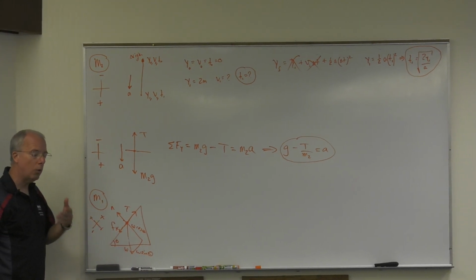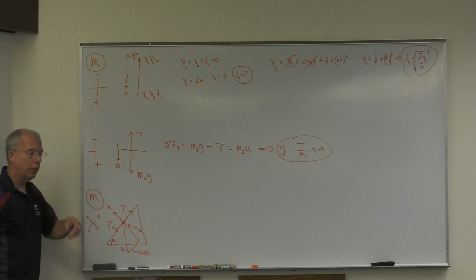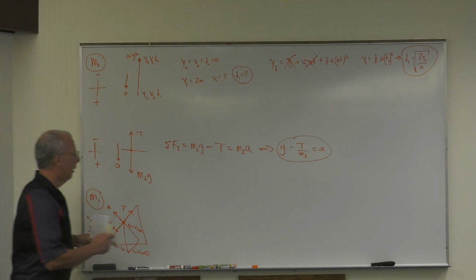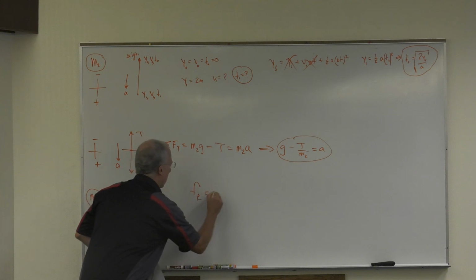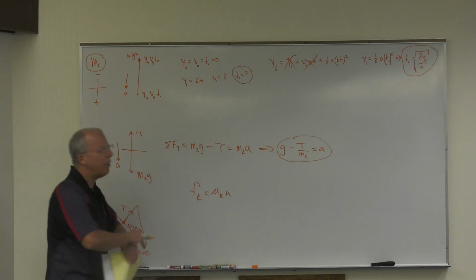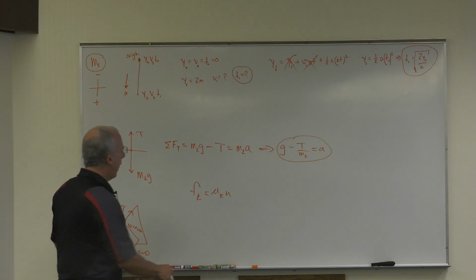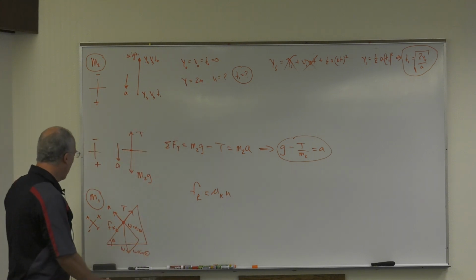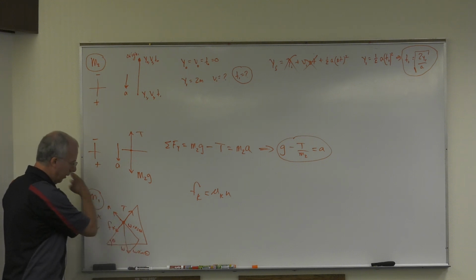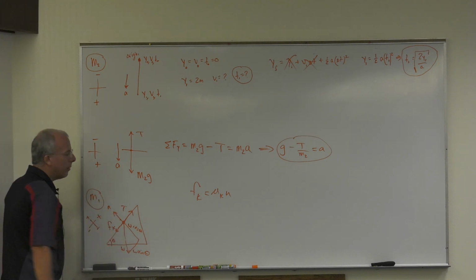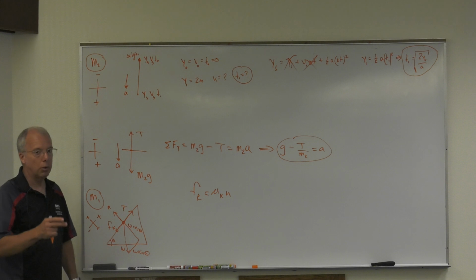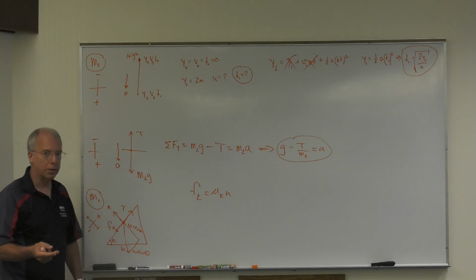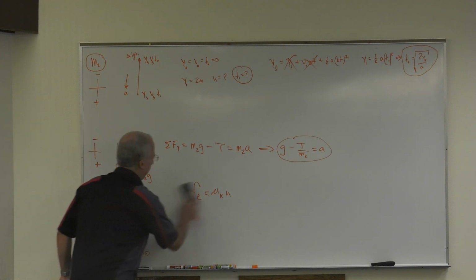Friction always has the normal force in it, right? Fk equals mu k n. So whenever you have a problem with friction, you have to know what the normal force is. And the normal force is generally going to be in the y direction, right? So all I'm saying is it's a good idea to do the y equation first and get the normal force, and then you can do the x equation.